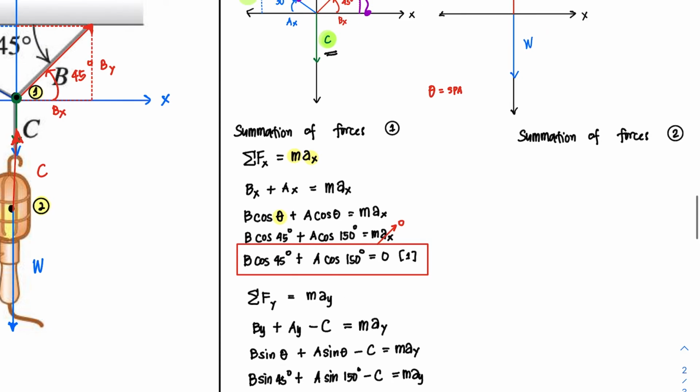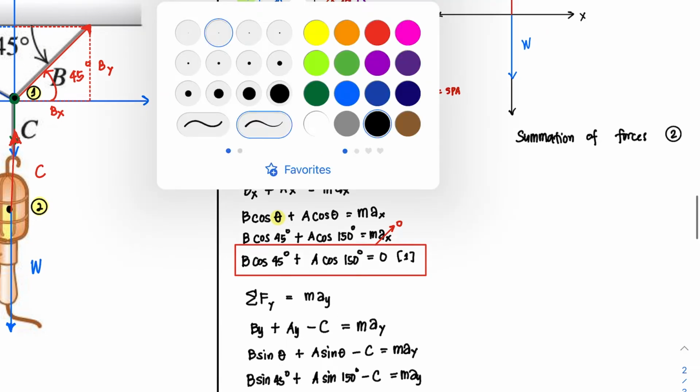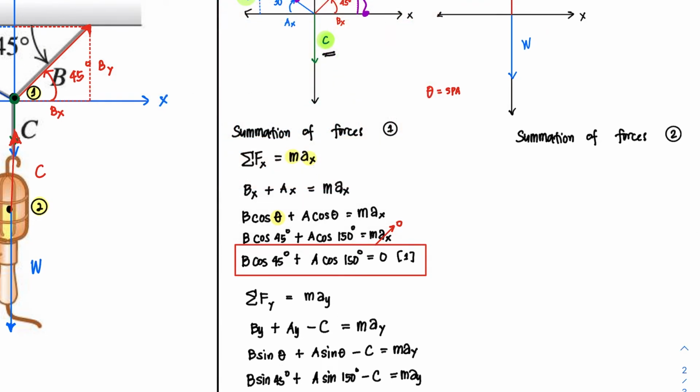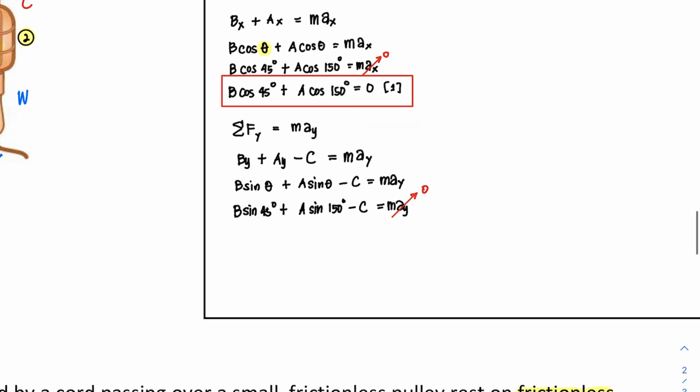And there is no acceleration along x, nor along y. It is not moving, so the acceleration is just 0. So we have now a simpler equation: B sine of 45 degrees plus A sine of 150 degrees minus C is equal to 0.